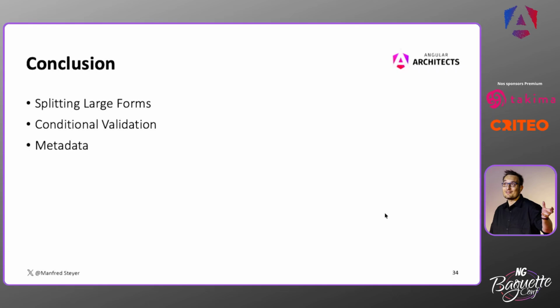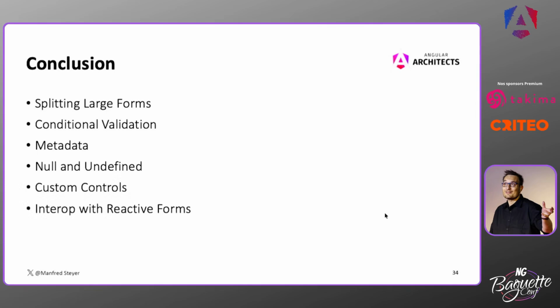We have metadata. No reason to yell at the user afterwards. Tell them upfront what they are supposed to enter. We have this idea of null and undefined. We should convert it to something in our form model. You can easily go with custom controls, and you can go with an interop scenario, your Angular-based Matryoshka puppets.